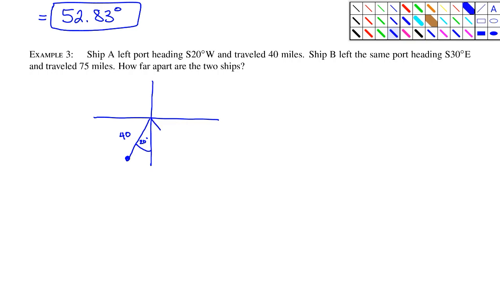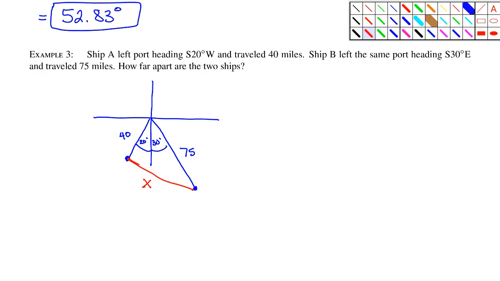It's going to be a little bit wider, but the ship traveled 75 miles, so I'll bring that out to here. There's 30 degrees, like so. And then the question is, how far apart are the two ships?